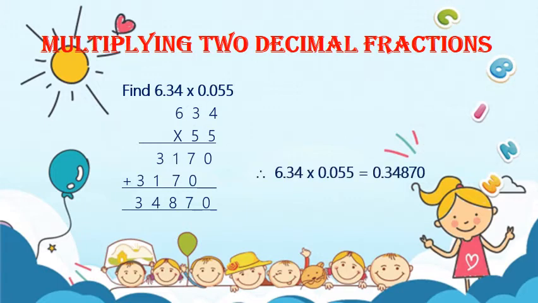So in the product, we will place the decimal point after 5 digits from the right-hand side. That is, our product will be 0.34870. Means we have placed the decimal point before 3 in the product, right? So now our product has 5 decimal places. This way we will do the multiplication of two decimal fractions.